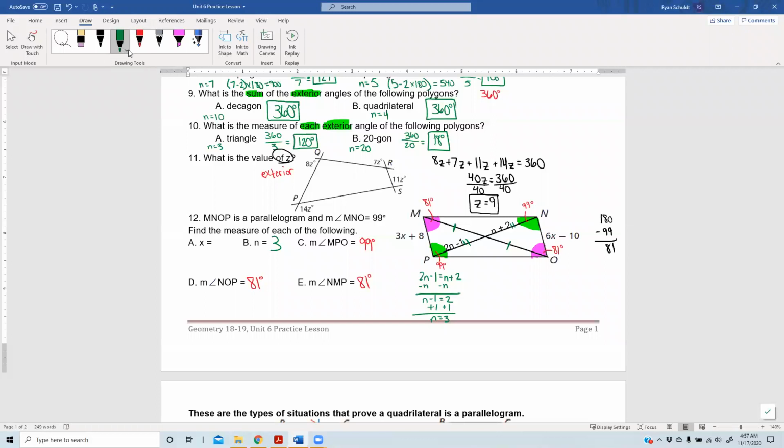Then I've got to get x. For x, we know opposite sides have to be congruent, so I can set these equal to each other: 6x minus 10 equals 3x plus 8. Subtract 3x.